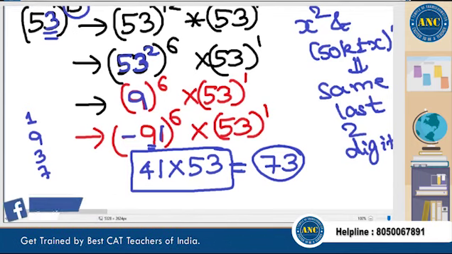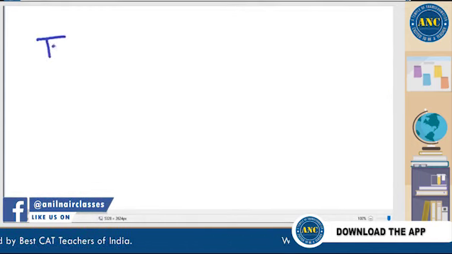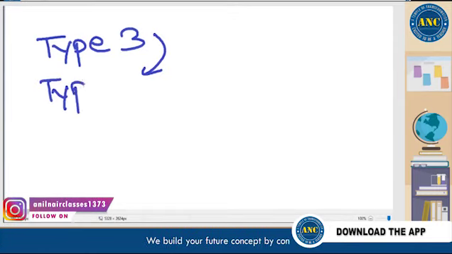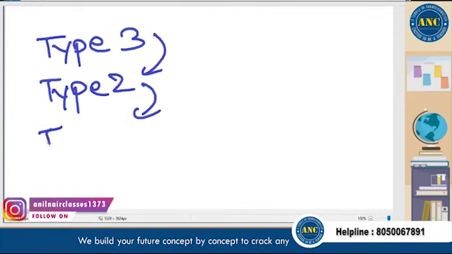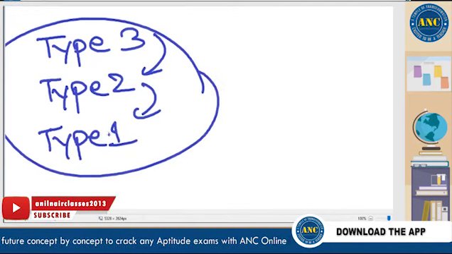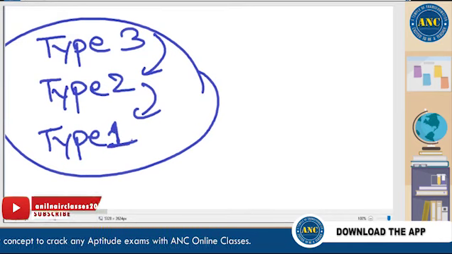I hope everyone is clear with type 3, sir. Type 3 is definitely an extension of type 2, and type 2 is definitely an extension of type 1. These three are very much interrelated. I hope everyone is clear.